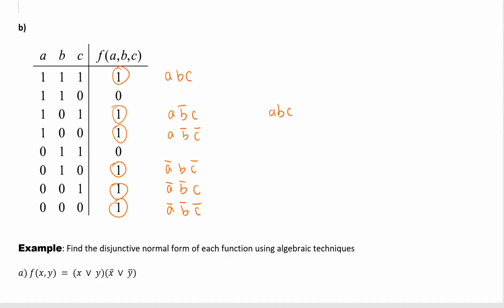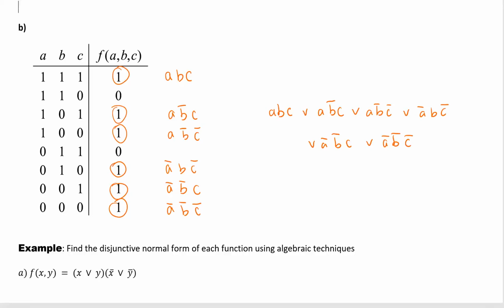So A, B, C, or A, B bar, C, or A, B bar, C bar, or A bar, B, C bar, or A bar, B bar, C, or A bar, B bar, C bar. So far, so good, everybody.